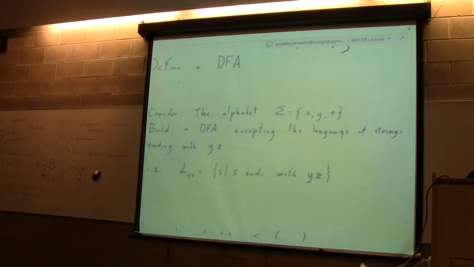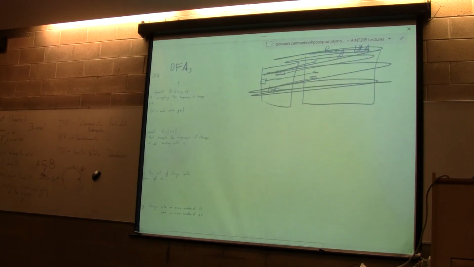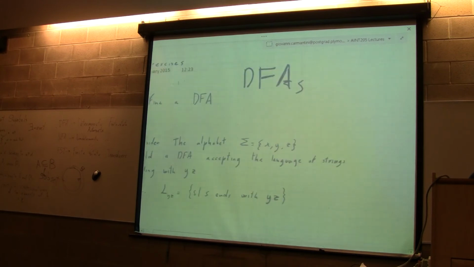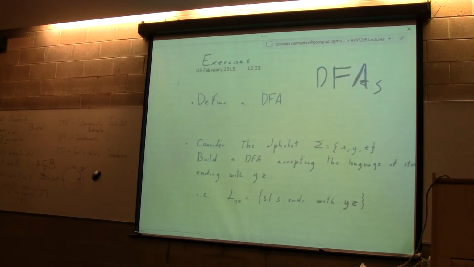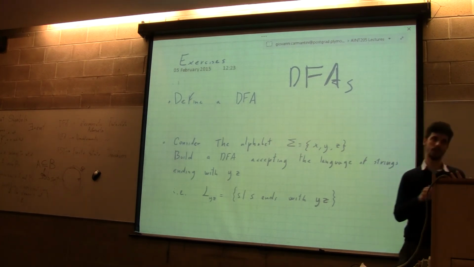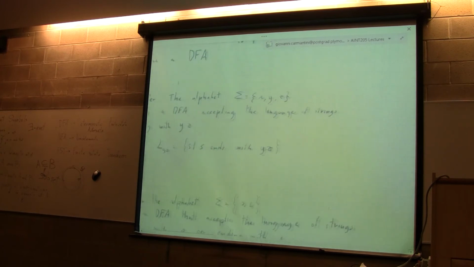So, some exercises. Now first let me delete this. Define a DFA. I already did it today. A DFA is a 5-tuple: states, initial state, final states, delta function, and input alphabet. Five items, so you may want to remember that.